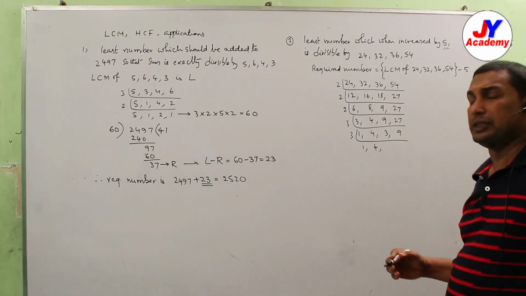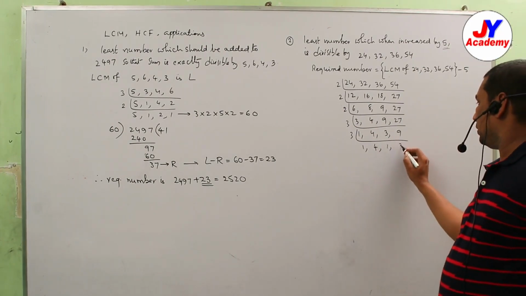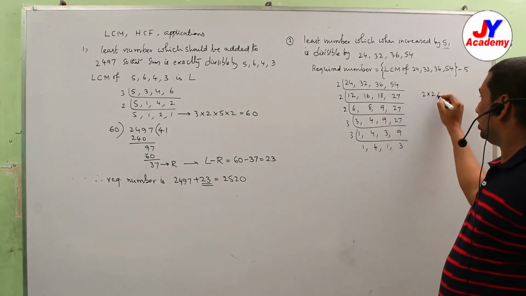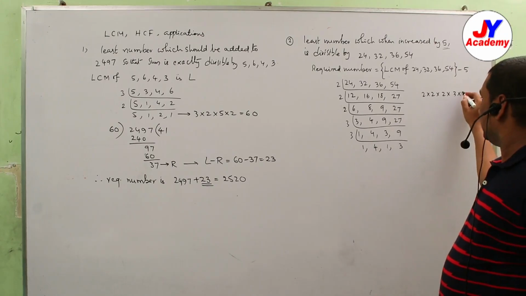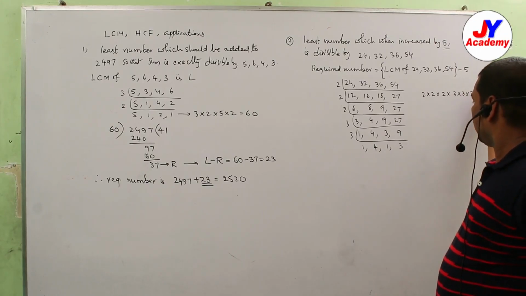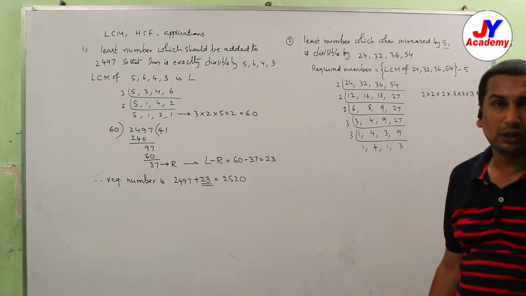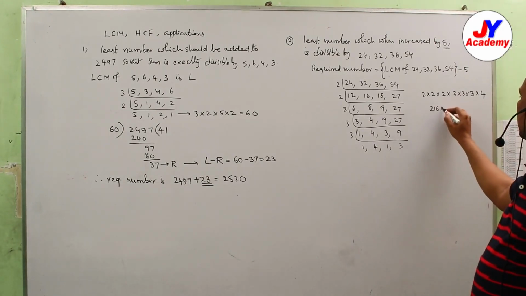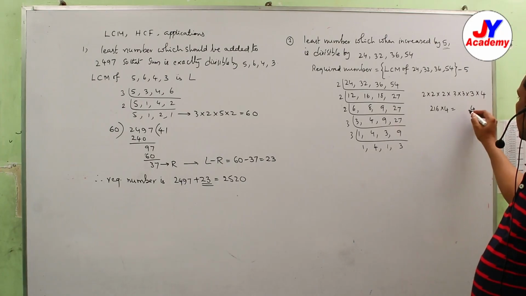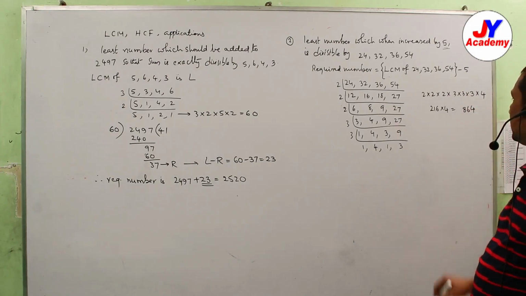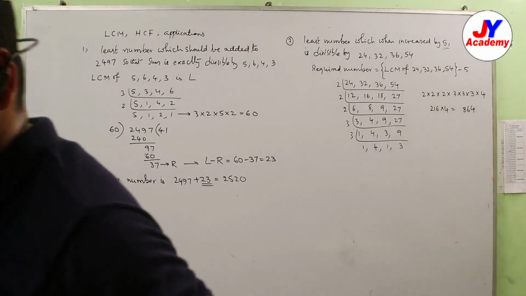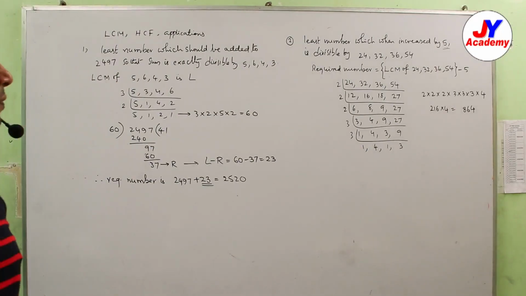Still no two of them in same table. So we can find the LCM: 2 into 2 into 2, 3 into 3 into 3 into 4. Up to here it is 216 into 4, 864. 864 is the LCM.